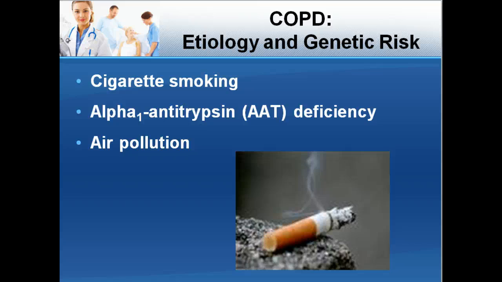And antitrypsin, AAT, basically helps your lungs expand better, so there's a deficiency.